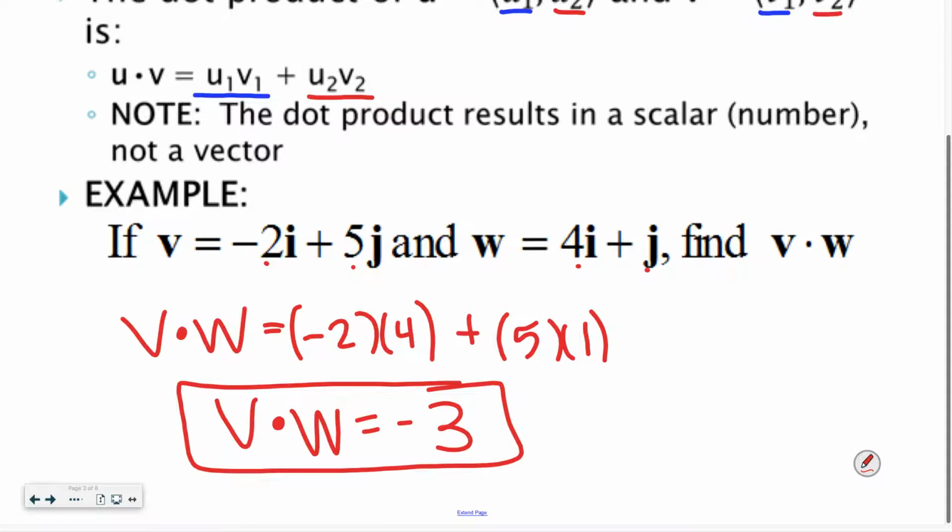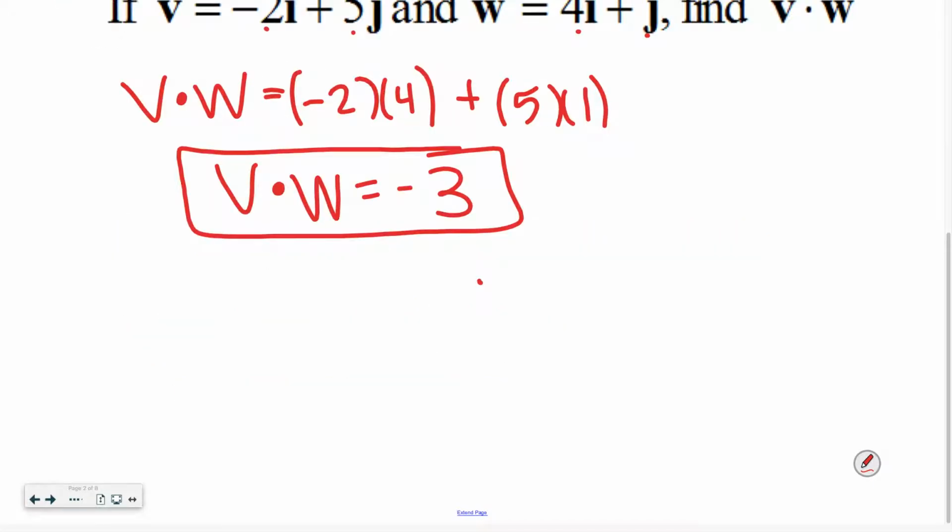So how about I give you 2 vectors, and at your pod, find the dot product and check it with each other.